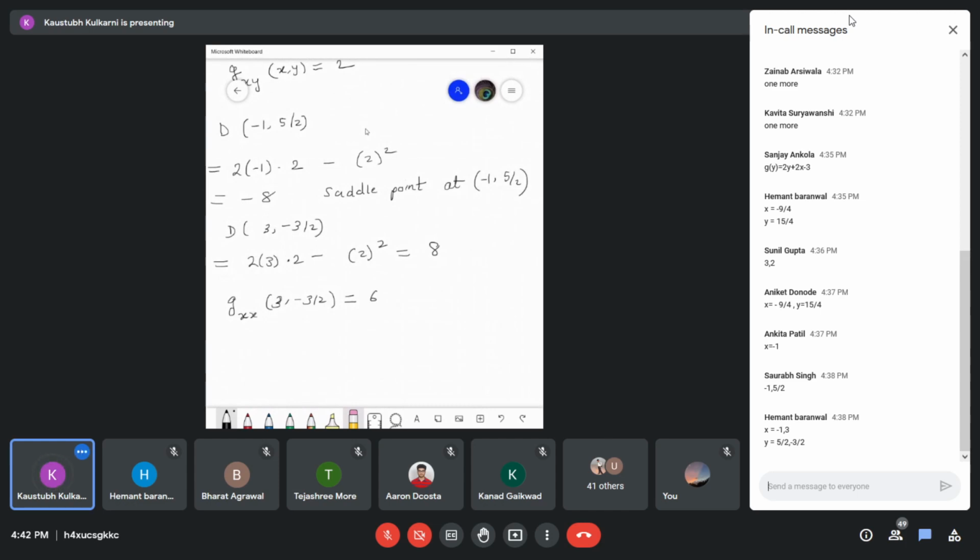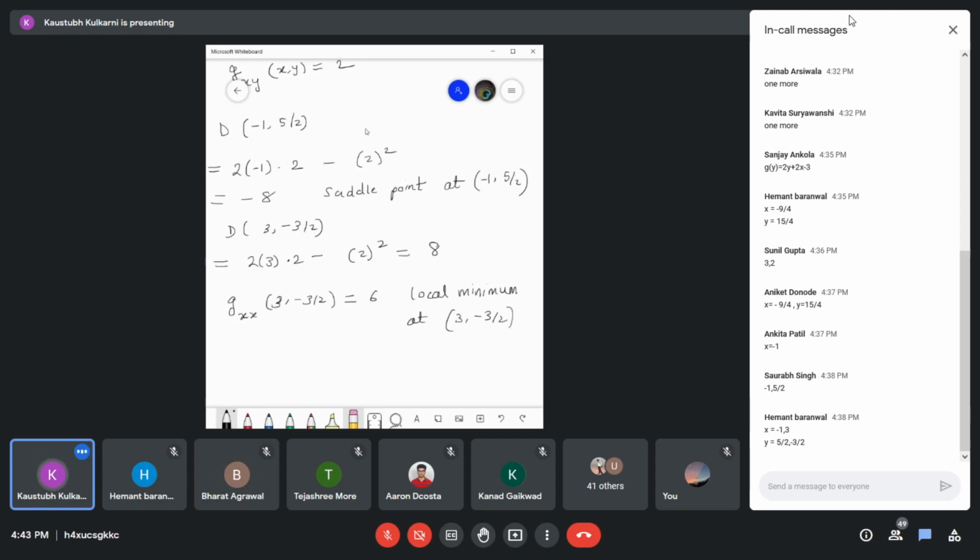So it has a local minimum, or in fact now we cannot comment because this is not our regular paraboloid, so let's not get into that. So let's just say it is a local minimum at 3 comma minus 3 by 2.